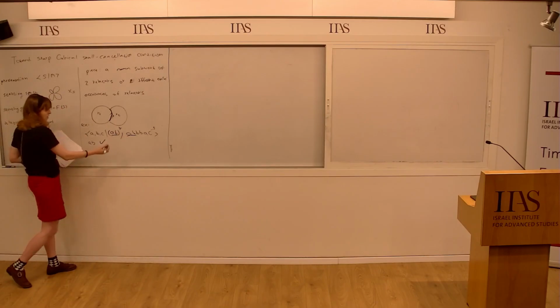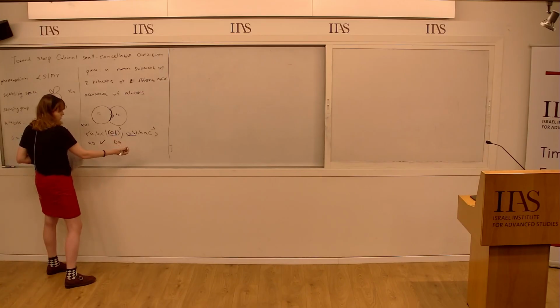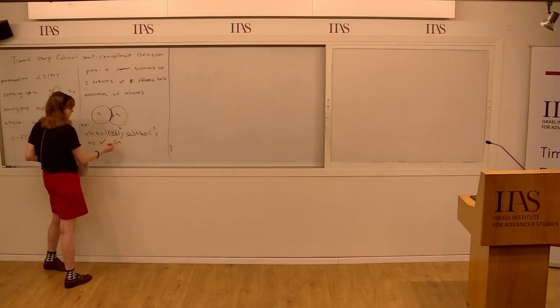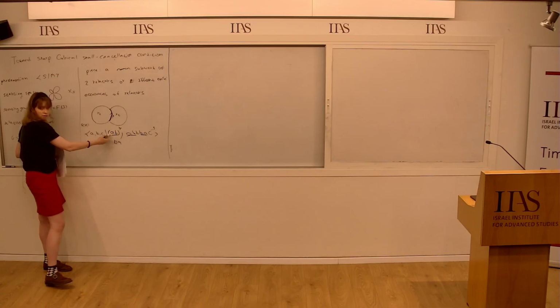Also, ba is a piece because we have it here, and also here we have b and then a.